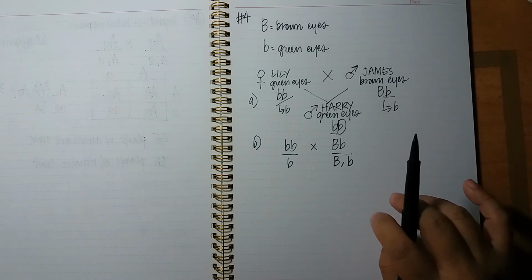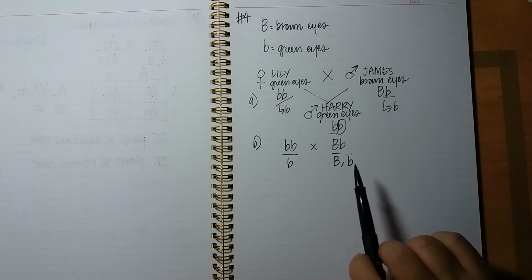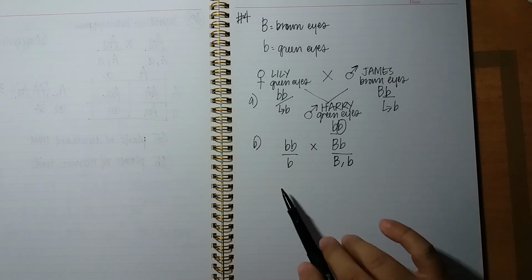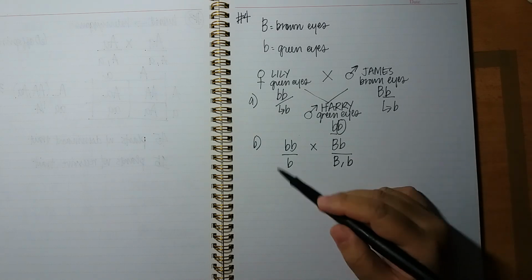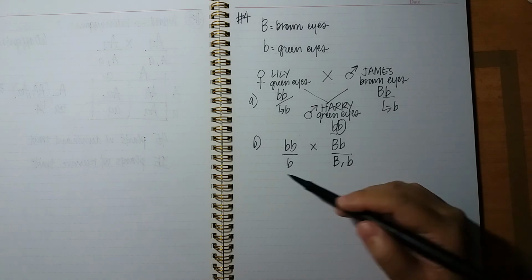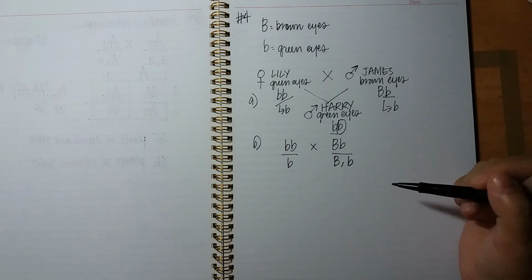So, we're doing the cross, okay, between Lily and James. Now, we already identified kung ano yung gametes na mapaproduce nila. So, we can do a Punnett square based on that. But sometimes, actually, when you have a homozygous parent, hindi mo na kailangang isulat yung small b, small b. Okay?